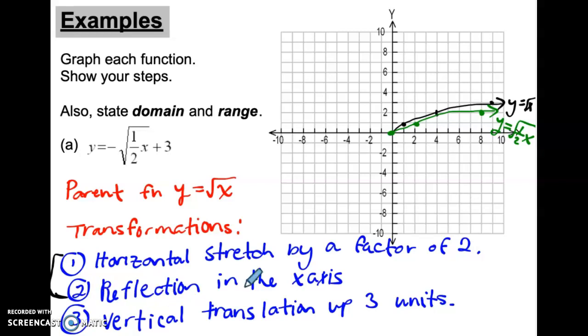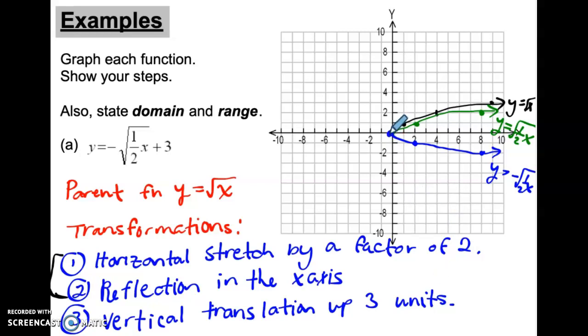Next we have a reflection in the x-axis. So my graph is just going to become reflected in the x-axis. All that's going to change is the signs of my y values. So (0, 0) once again doesn't change, but positive 1 would become negative 1, and positive 2 would become negative 2. And there I have the reflection applied. So the only thing that's left is this translation up 3, and I'll do that one in red.